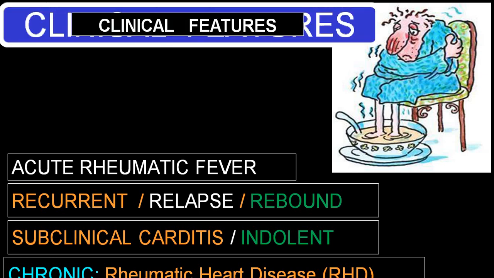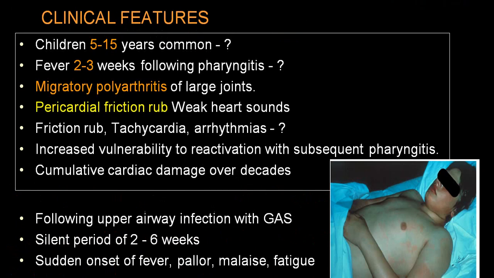Clinical features wise, depending upon the acute and chronic onset, for acute, recurrent, relapse, rebound, subclinical carditis, indolent, we already mentioned all those words, and chronic rheumatic heart disease. We already told you that age 5 to 15 years, usually it is after 2 to 3 weeks of streptococcal involvement like pharyngitis or scarlet fever.